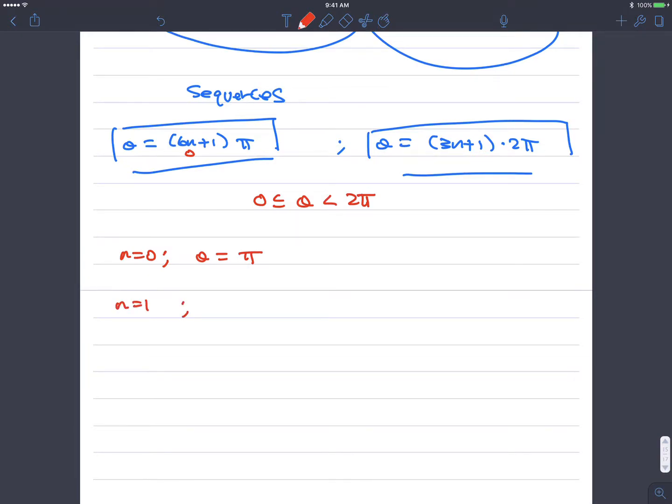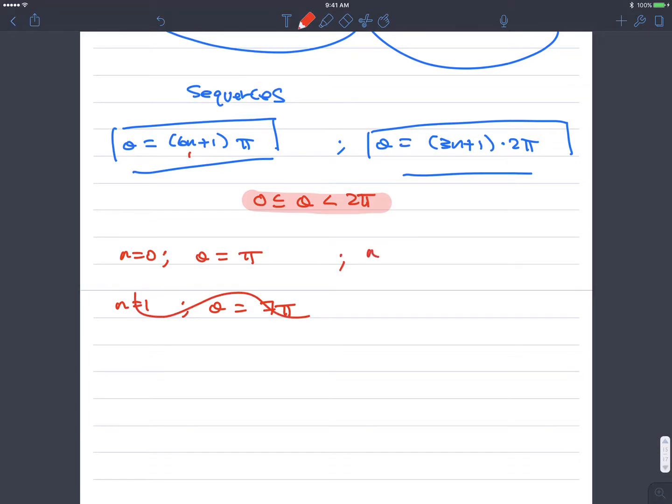What happens when n is 1 now? Plug in n is 1. What's 6 plus 1? Is that 7? So theta will be what? 7 pi. Is that outside of our domain for theta? Say yes, because we're looking for angles that are between 0 and 2 pi. So we have to get rid of this.